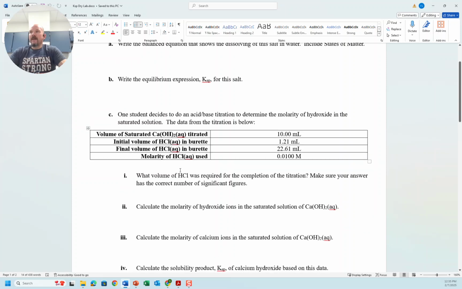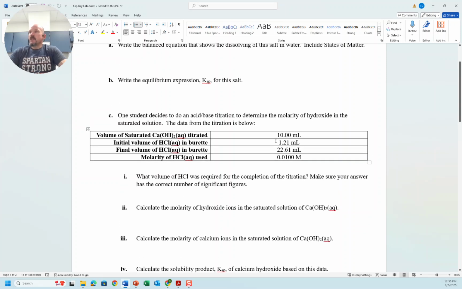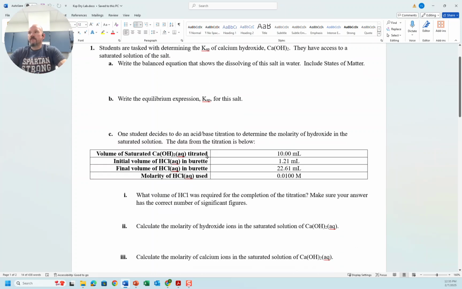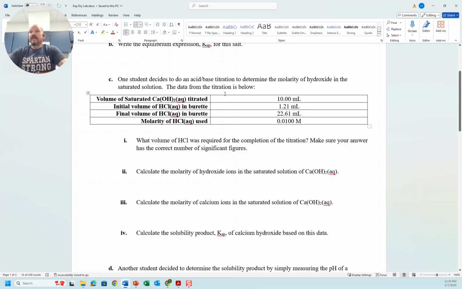All right, so what lab data did we get? We saw the balanced equation and the expression, but we'll go over all the answers towards the end of question 1. So we did a titration. We had a saturated solution of calcium hydroxide, and we started with 10 milliliters of the solution. So we know the volume of the solution, we just don't know the molarity.